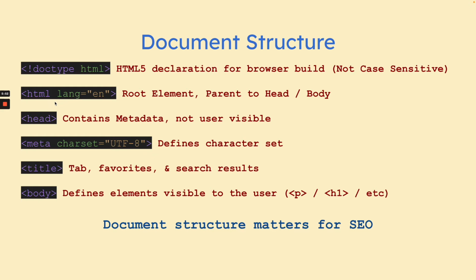HTML, unless you want to get into this yourself, by the way, and of course you can always backtrack, but HTML is the root element, and it's parent to the head and body, meaning it contains the body and head tags. And so the head contains metadata, which is data about the document data, not user visible.